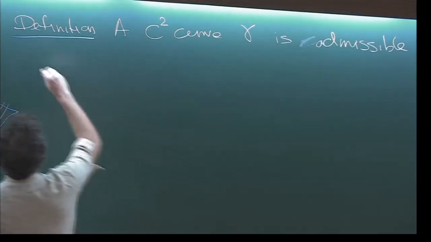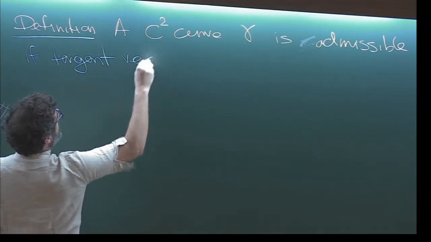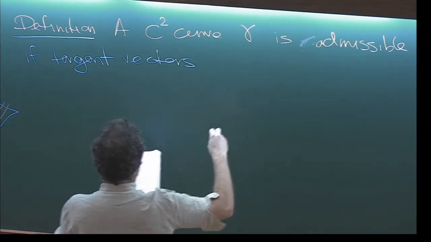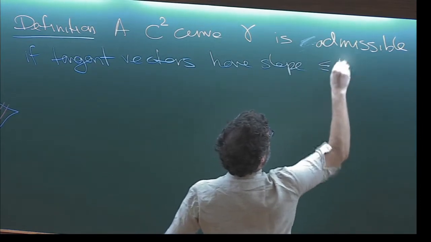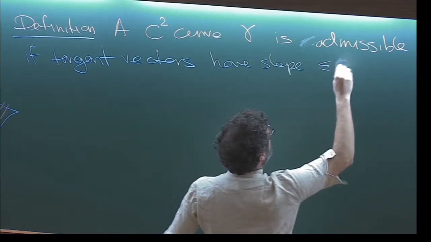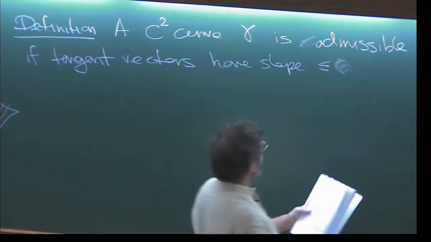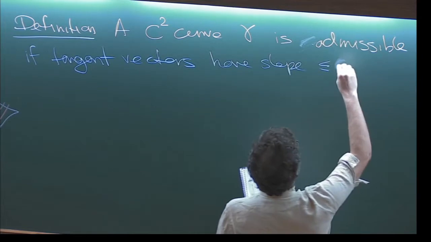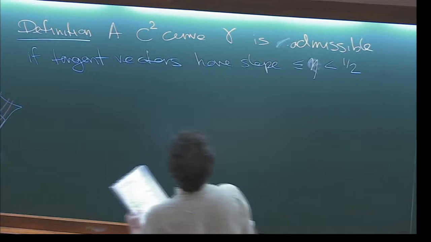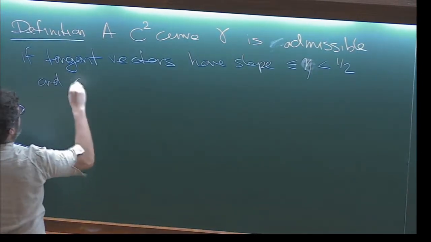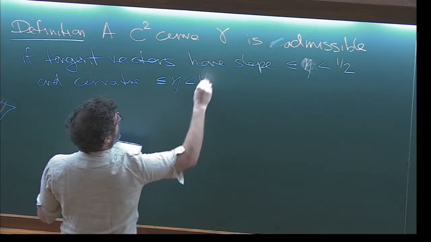So if tangent vectors have slope less than or equal to some kappa. When you use LaTeX, you can distinguish between kappa and k, but on the blackboard, I don't know how to do it, so let me use eta less than 1/2, and curvature also less than or equal to eta less than 1/2.